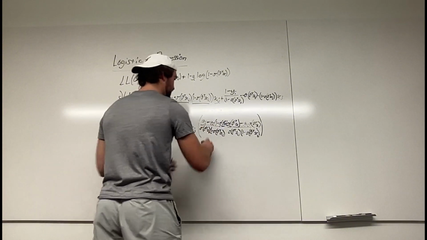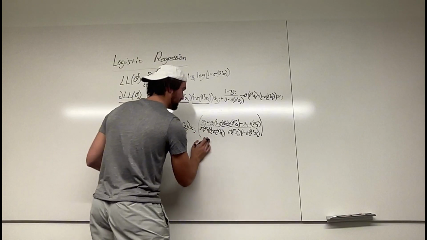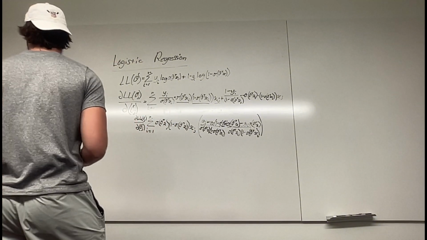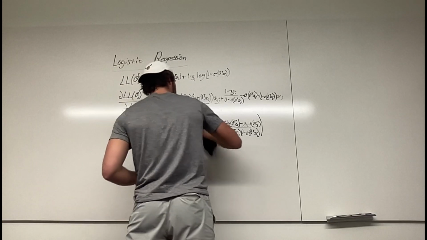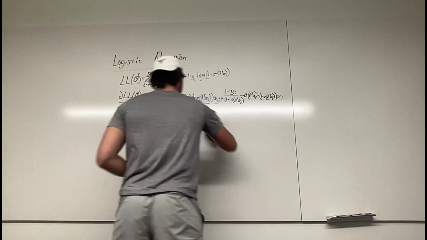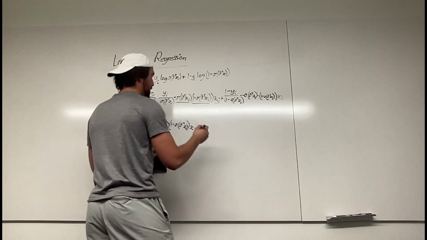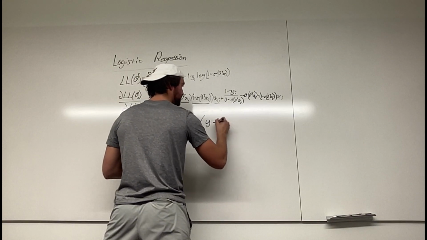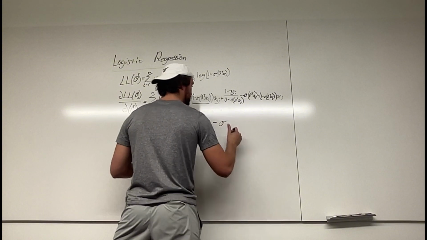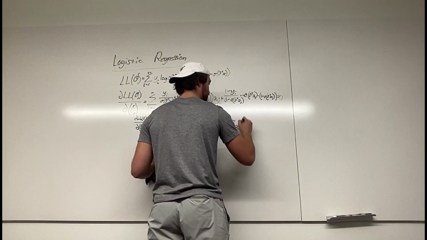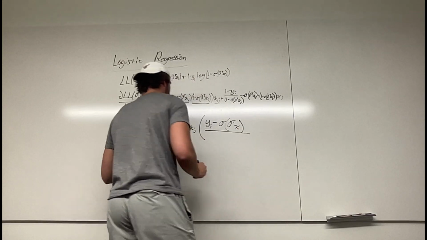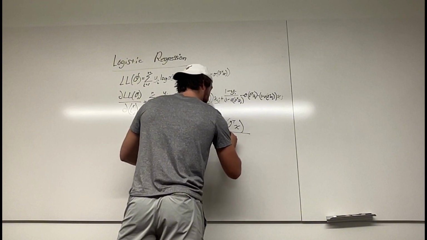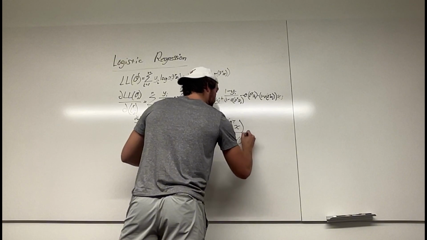Keeping in mind that this denominator is sigma theta transpose xi times 1 minus sigma theta transpose xi, we can then combine like terms in the numerator to get y minus sigma times theta transpose x all over sigma theta transpose x times 1 minus sigma theta transpose x.